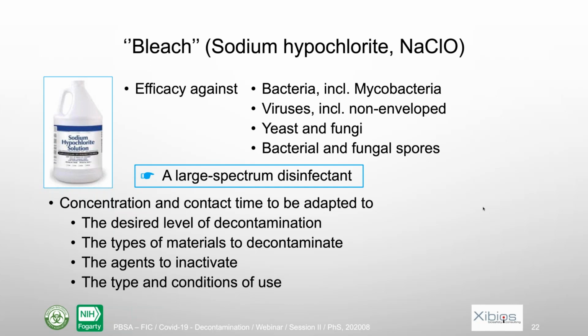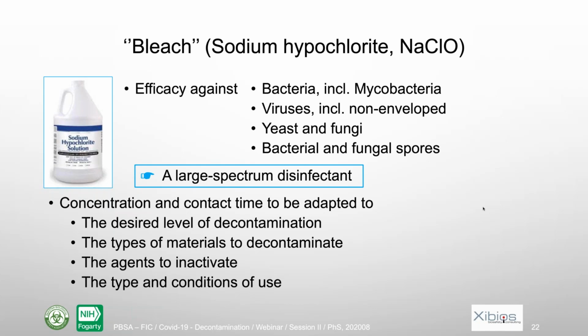So really large spectrum. Also, concentration and contact time need to be adapted to, first, the desired level of decontamination. If you use a higher concentration, you will get a higher level of decontamination.